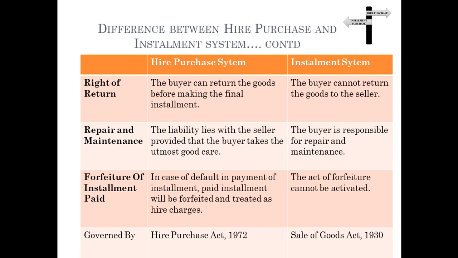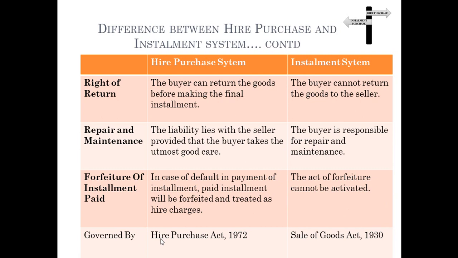So it is a loss for the buyer. Neither will he get the goods, nor will he get back whatever amount he has paid. In case of installment system, the concept of forfeiture, cancelling, cannot be activated at all.